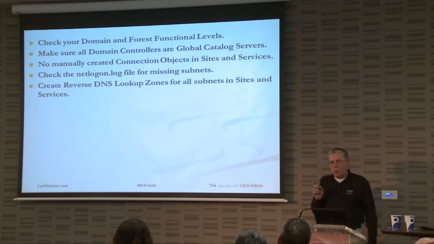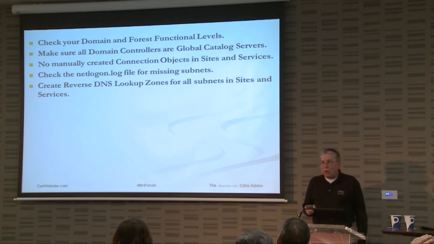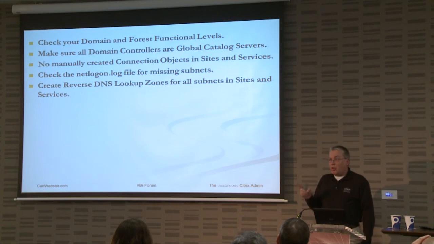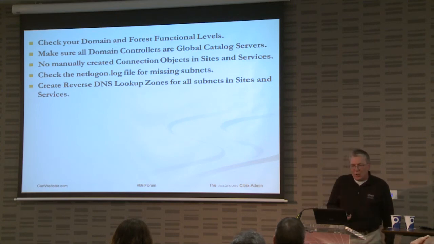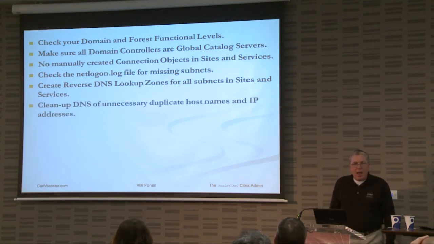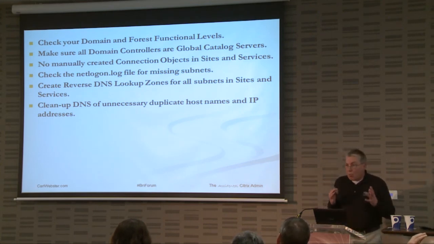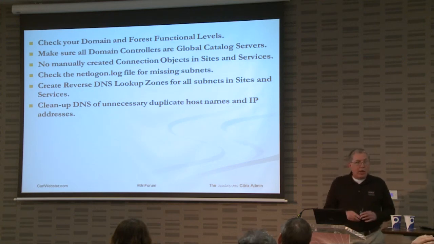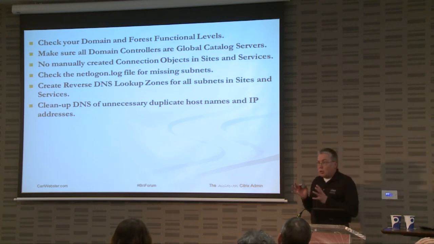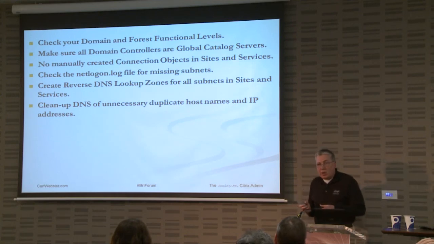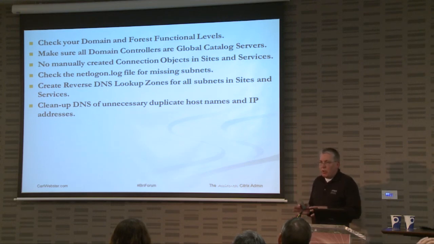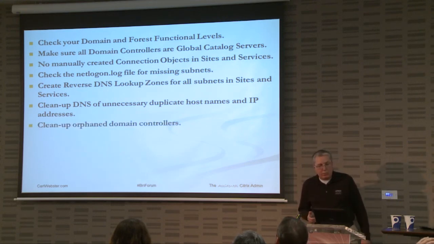And of course, once you create a reverse DNS lookup zone, you're going to right-click on it, go to Properties, and enable aging and scavenging for that zone. And then we're going to clean up DNS of unnecessary duplicate host names and IP addresses. We're doing that by properly doing our aging and scavenging and then making sure that whatever we're using for DHCP is handling the secured dynamic registration for the DNS records.